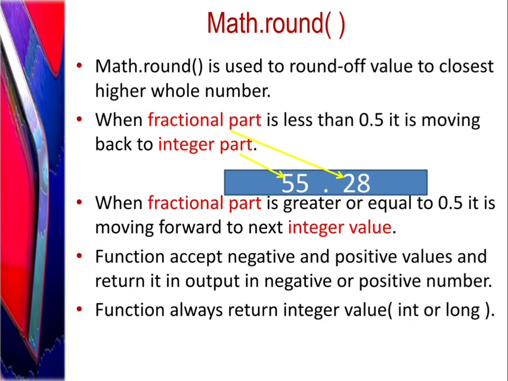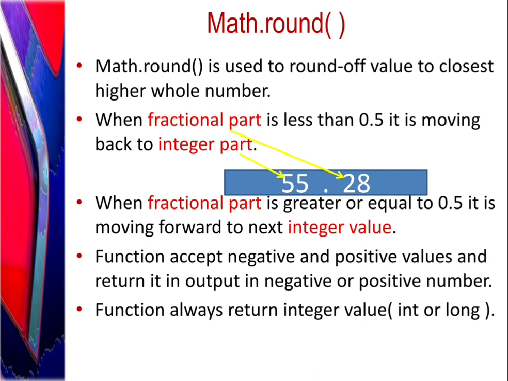Now see the function Math.round. Math.round is for rounding off only to the closest whole number. Decimal is not included in round. The decimal part is totally removed. See the second point.